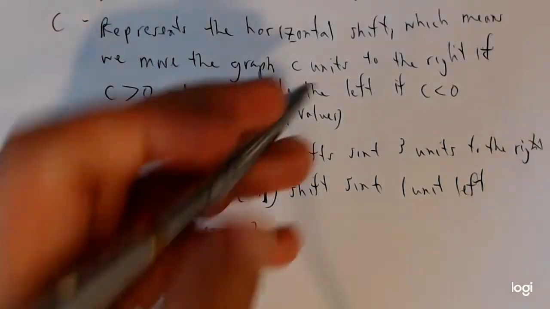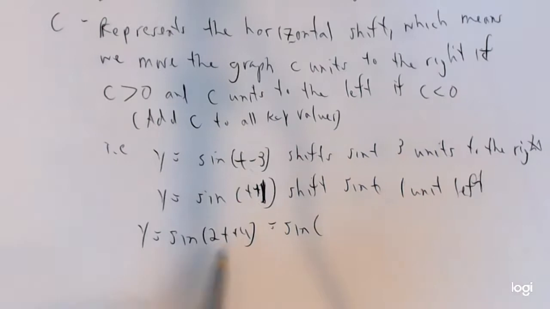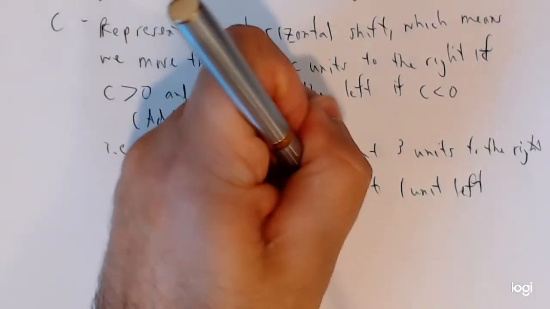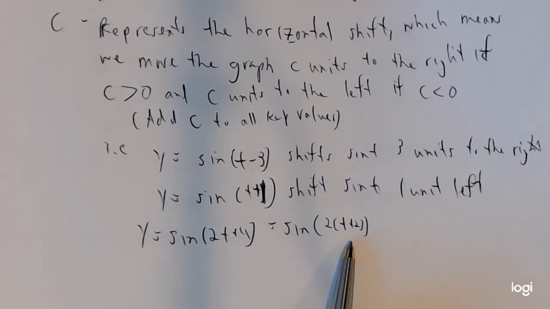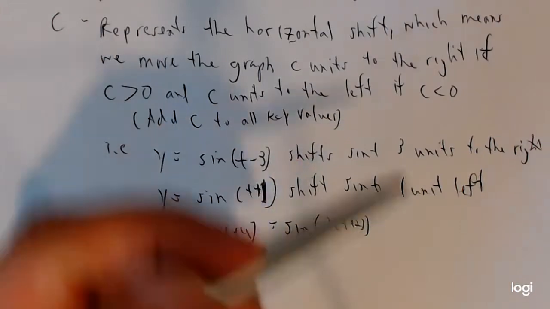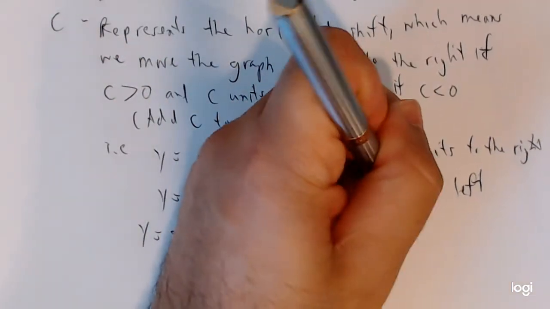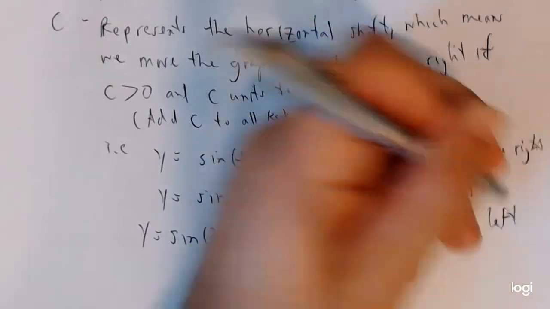So I have to write this in factored form, which means I have to factor out the 2, which then looks like this. Then you can easily see that this is actually a shift of 2 units to the left. So this is shift 2 units left. Just keep that in mind, okay?